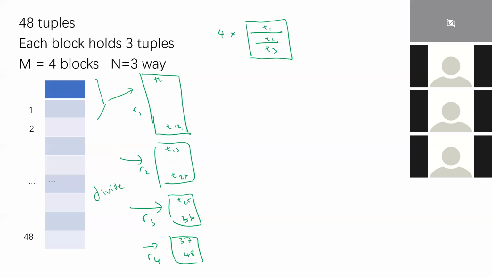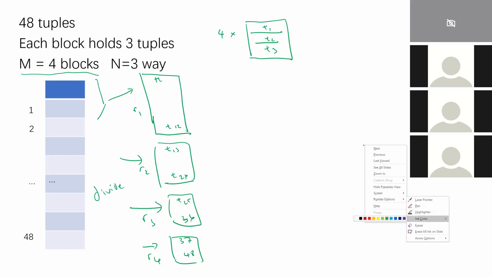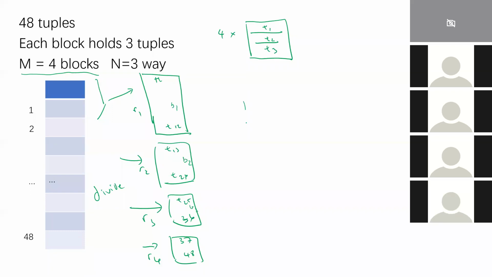We'll be using 3, because right now our memory is able to hold 4 blocks. Because the memory is able to hold 4 blocks, we will be able to put block 1, block 2, block 3, and block 4 here. Any question?